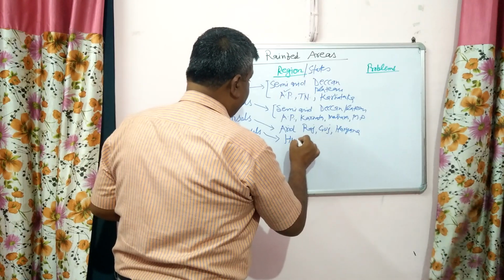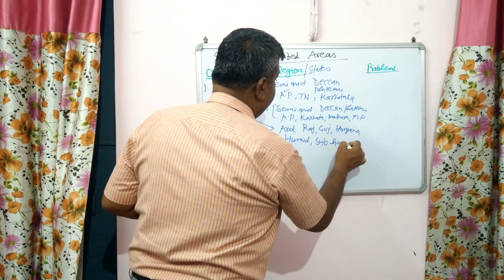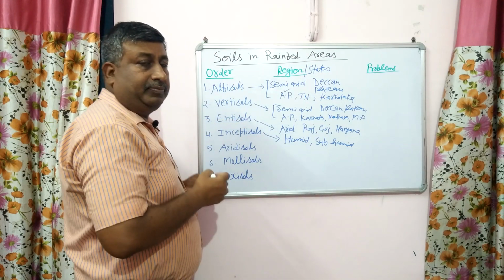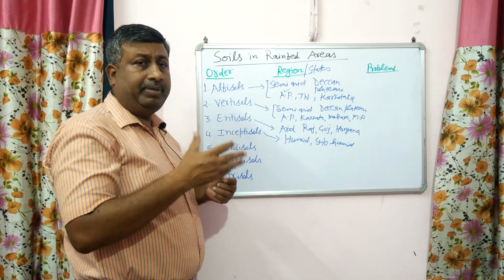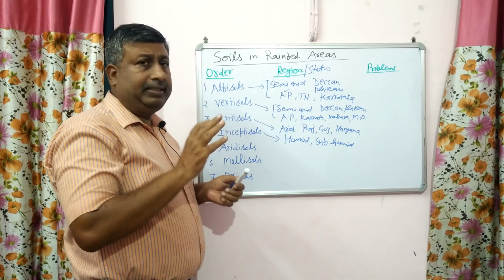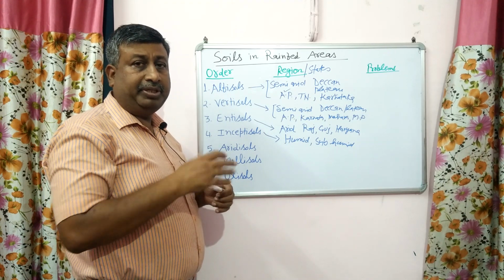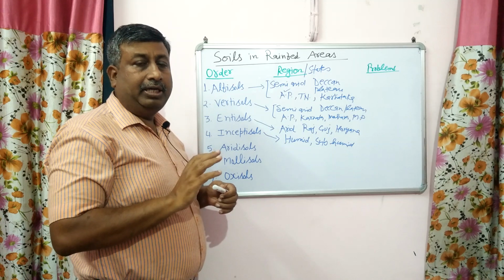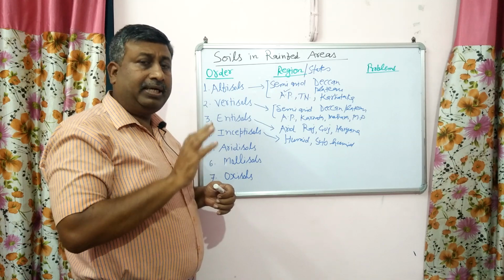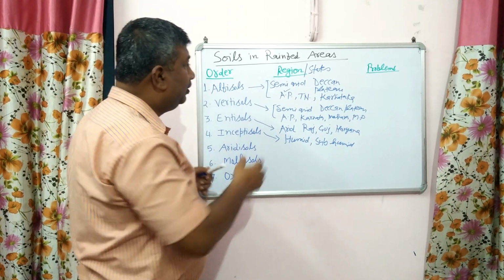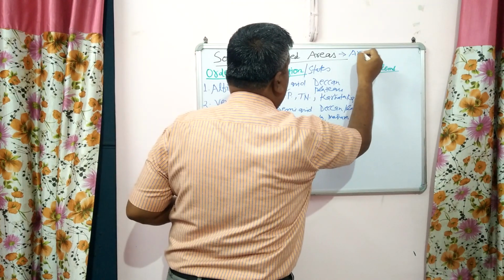Now there may be confusion about humid and subhumid areas. Rainfed area means the area where cultivation is dependent on rain. Rain may be high, may be poor, may be good. It doesn't matter what the amount of rainfall is, maybe 2000 mm, maybe 3000 mm, or maybe 300 mm. If there is no irrigation facility, even with rainfall of 3000 mm, it is considered a rainfed area. The rainfed area may be classified as arid, semi-arid, subhumid and humid depending upon the rainfall amount.